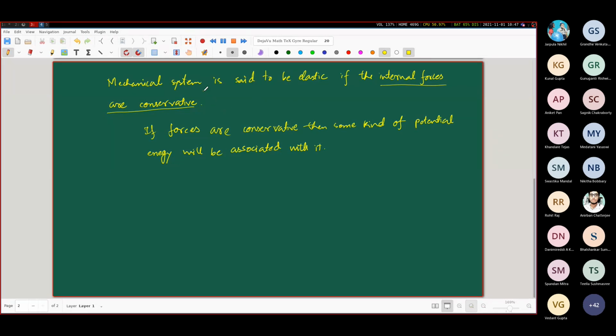Now we have already seen that our elastic system will have internal forces as conservative.